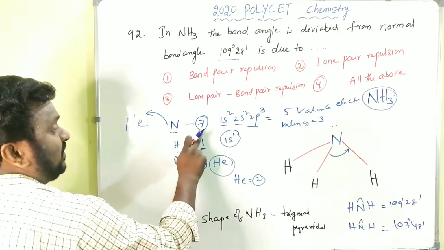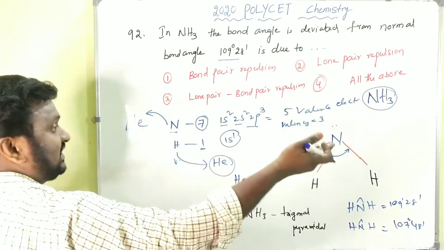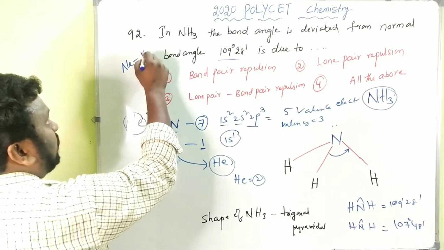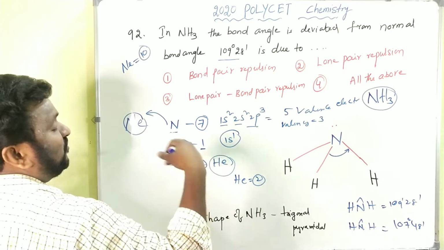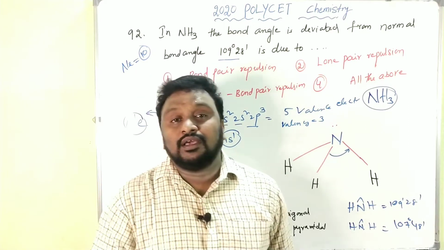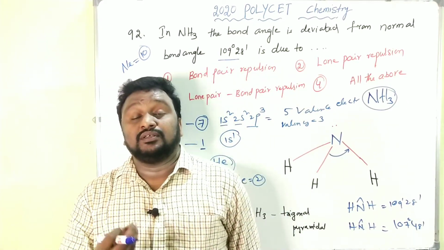For nitrogen, how many electrons are there? 7. What is the valency? 3. It requires 3 electrons to get the stability of neon, because neon's atomic number is 10. So for that purpose they have to form a bond. What is the necessity of a chemical bond? Every atom wants to get stability.